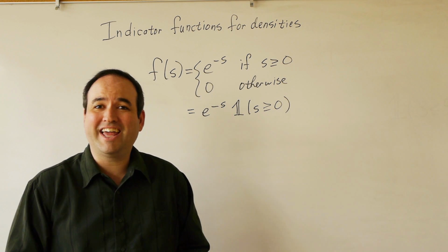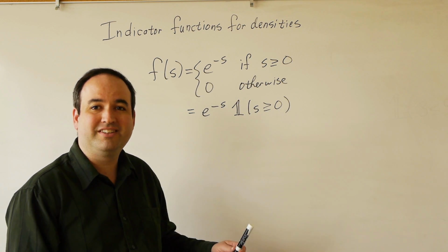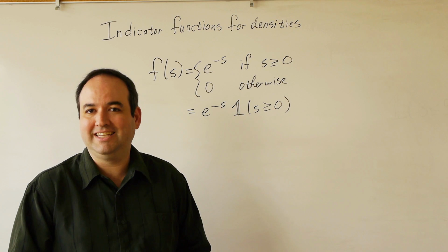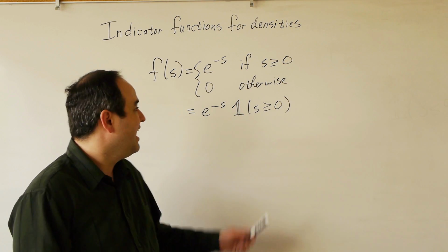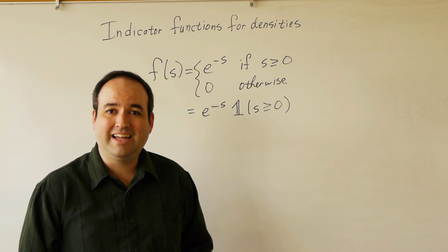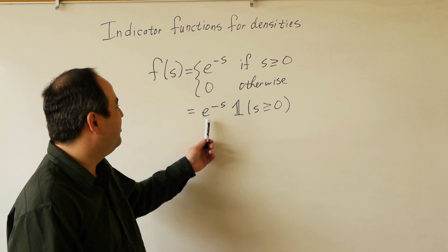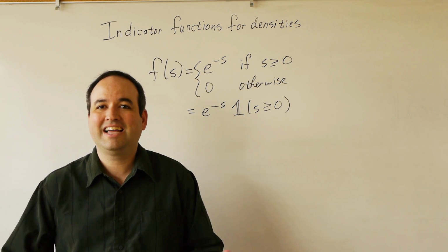Now see what our indicator function does for us? If s is greater than or equal to 0, I'm just multiplying times 1, so I get back my e to the minus s. When s is less than 0, then I'm multiplying e to the minus s times 0, and I get 0. So this expression and these 2 expressions are, in fact, identical.